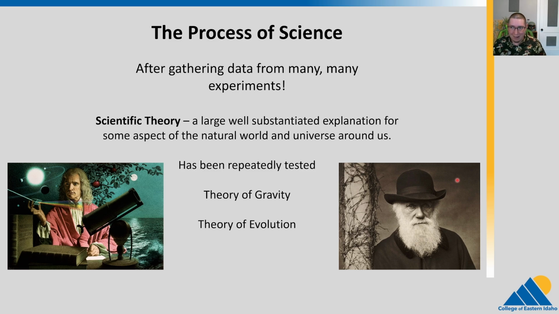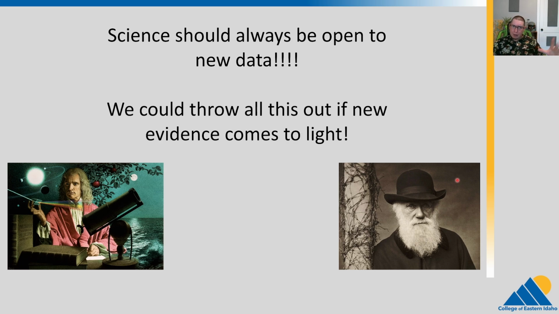It's called genetics. Okay, so whereas gravity, we can't fully explain why gravity happens. There's still a lot of parts that are kind of mysterious to us. Evolution, we have a great mechanism for it. That being said, we use the term scientific theory because science should always be open to new data. That's why we say we don't prove things.